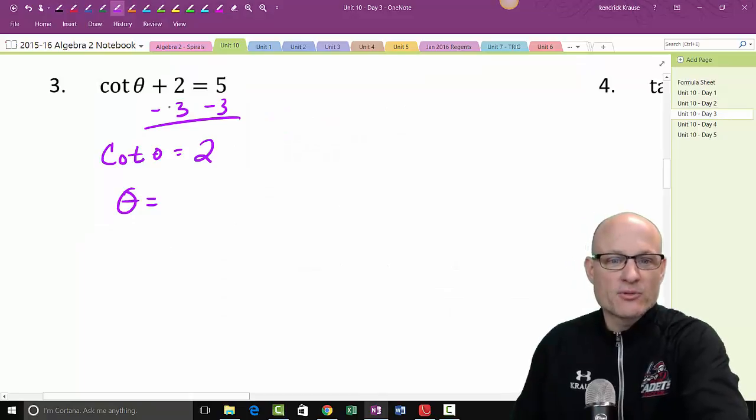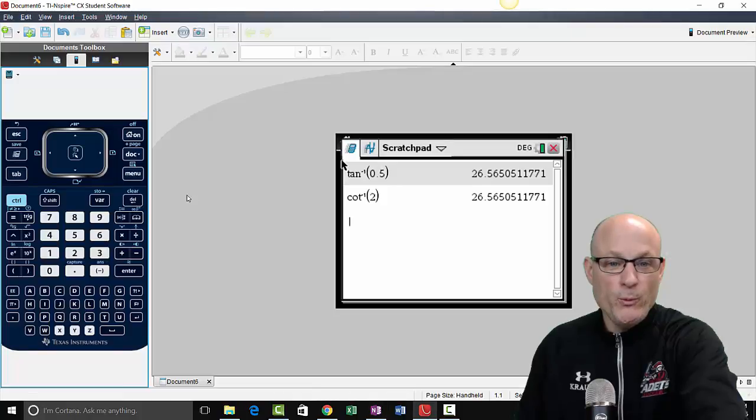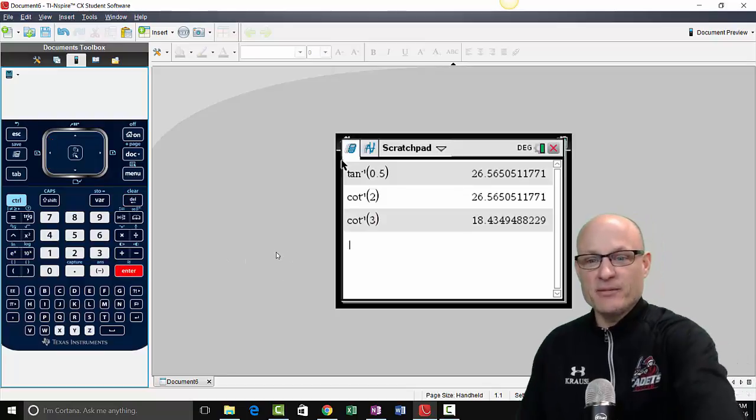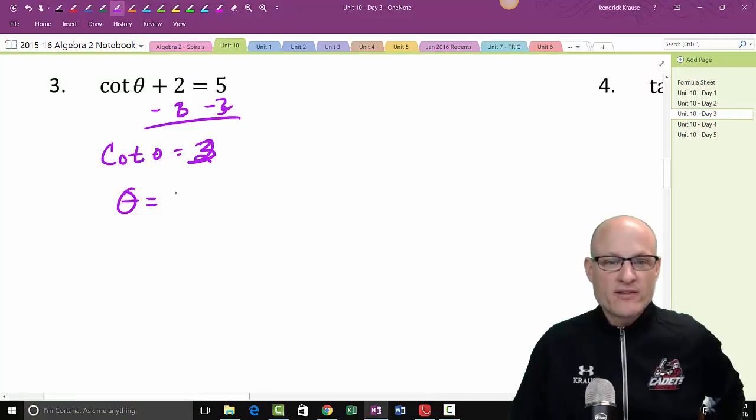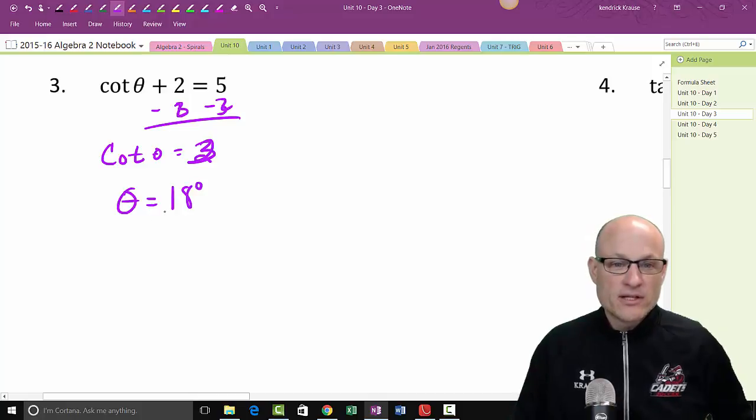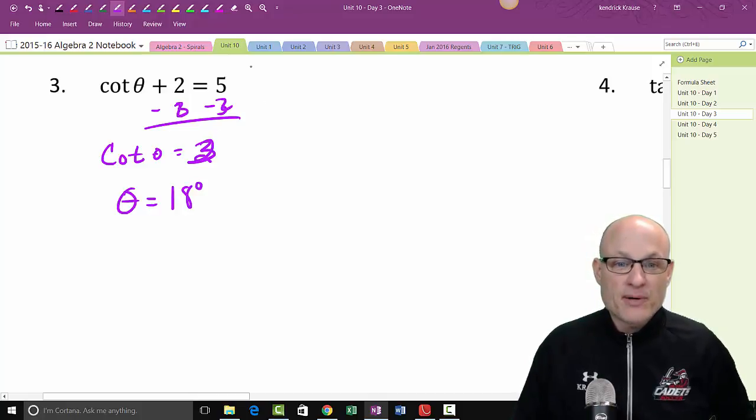Holy mackerel. Let's subtract 2. We'll get 3. Well, that's not embarrassing at all. All right, 18.4, 18 degrees. Theta is equal to 18 degrees. It's positive 3, so we're going to keep it.